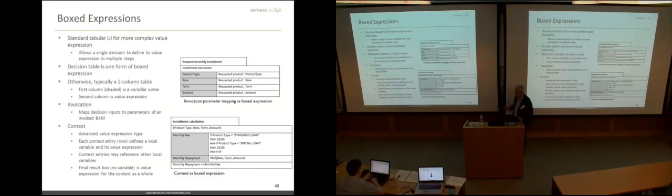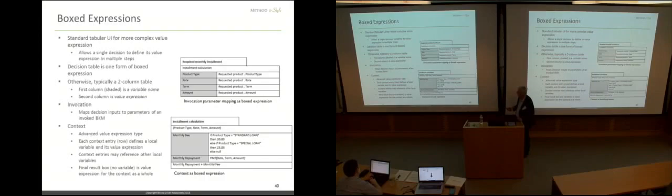So the value expression in the right column can nest an invocation of a BKM, a decision table, something more complicated. This top diagram is the boxed expression for invoking a BKM, called a boxed invocation, where the parameters are listed variables in the left column, and the right is the mapping of the inputs of that decision to the parameters of the invoked BKM.